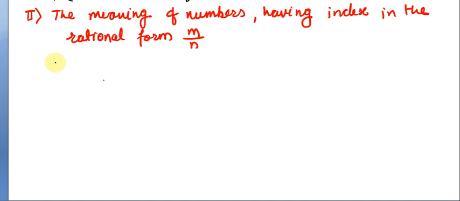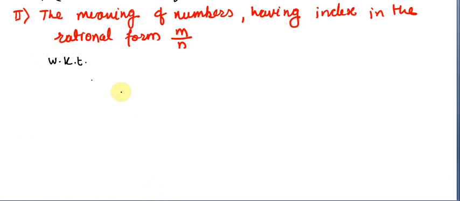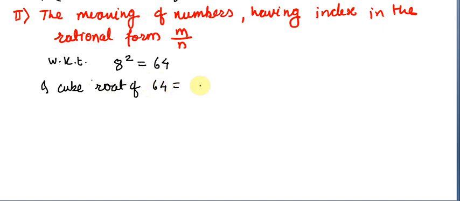We know that 8 square is equal to 64, and cube root of 64 equals 64 raised to the power 1 by 3.